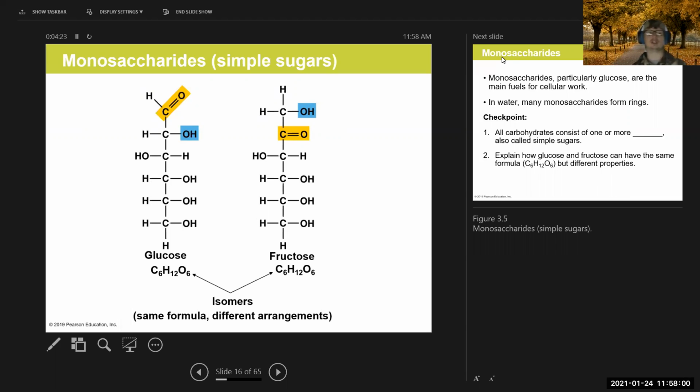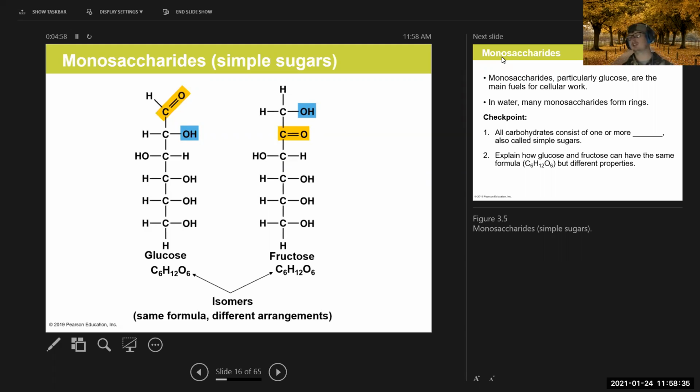For example, in glucose, the last carbon has a double bond with an oxygen, whereas the fifth carbon in fructose has that double bond with the oxygen, therefore also making the number of hydrogens different on each of those molecules. That different structural arrangement can result in different properties of that organic molecule.